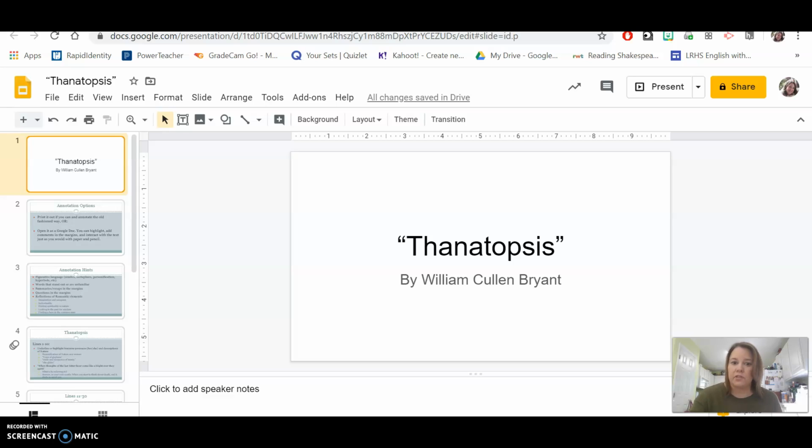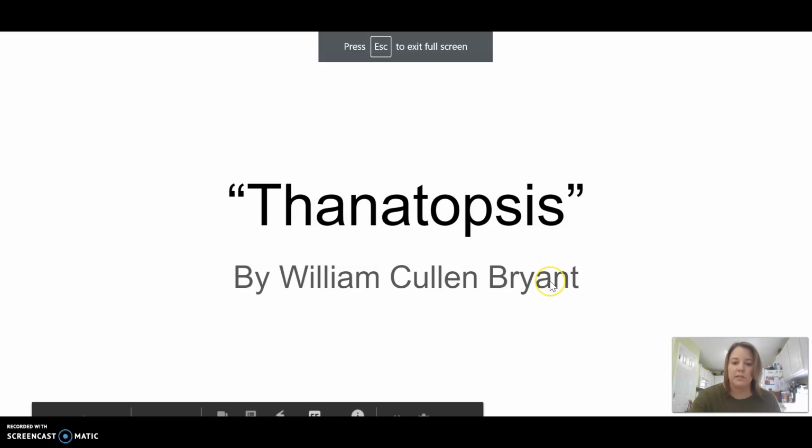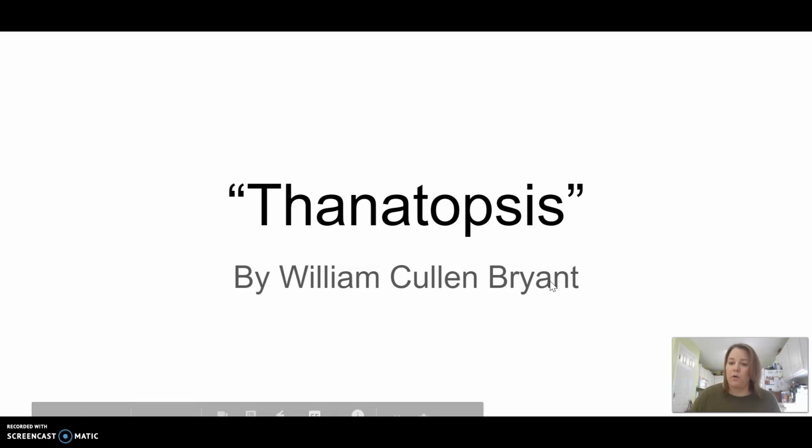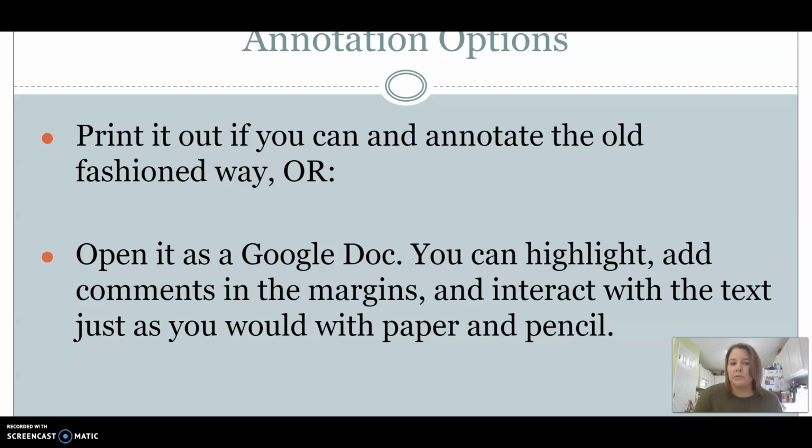All right, so without further ado, we are going to look at Thanatopsis, and hopefully you have this poem in front of you. If you were able to print it out, that's great. And if you're able to do that, you can annotate the old-fashioned way with paper, pencil, and a highlighter.